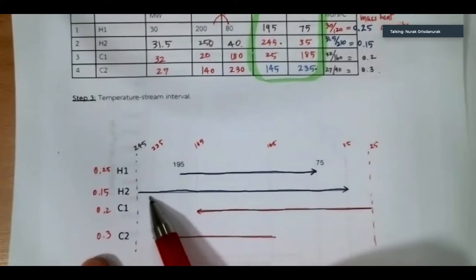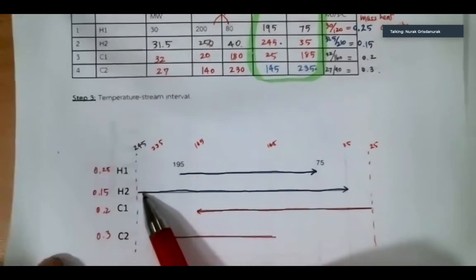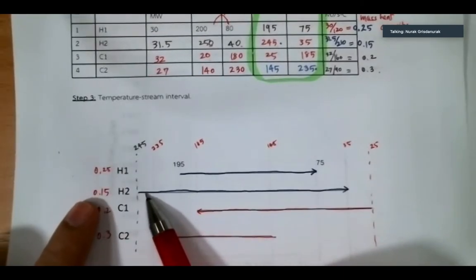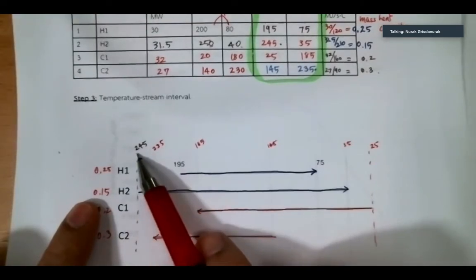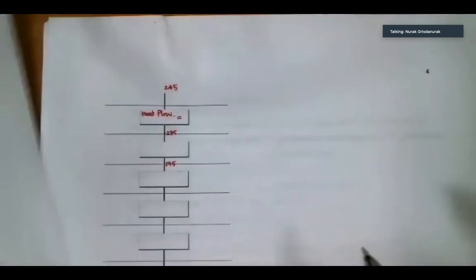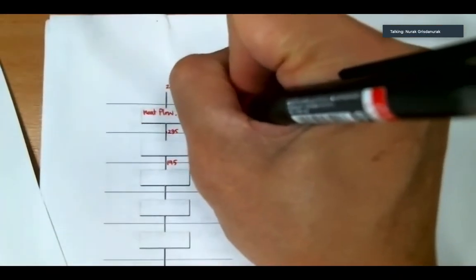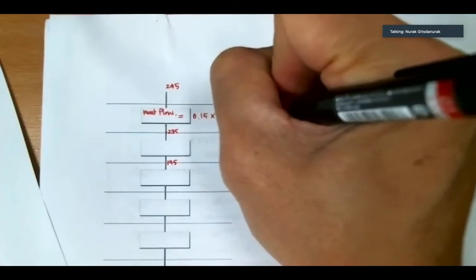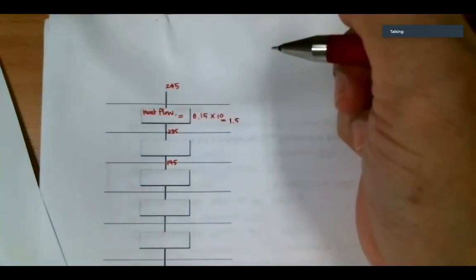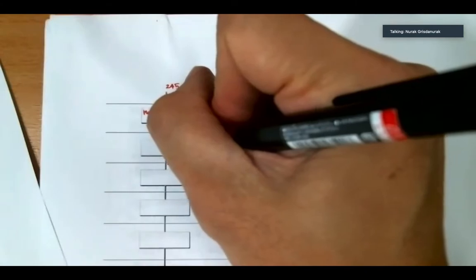The first one involves only the CP of hot, 0.15, there is no cold, minus 0, and then multiply with 10 degrees Celsius. So what I have here is 0.15 multiply with 10, so what I get is 1.5.